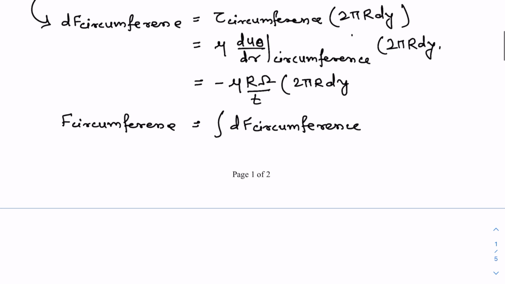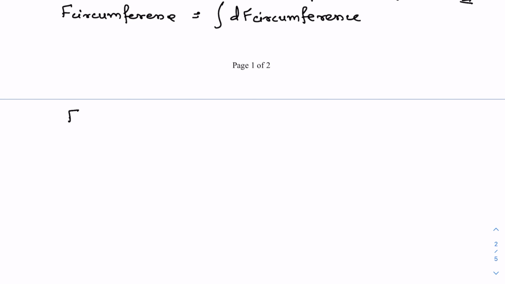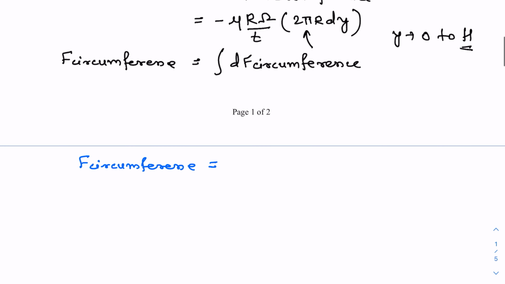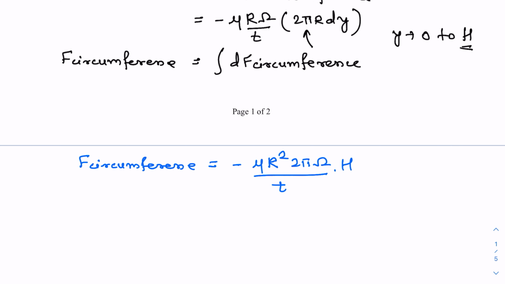After integrating this term for y ranging from 0 to h, which is the height of the cylinder, we'll find out that F circumference is minus mu times r square 2 pi omega divided by t into h.